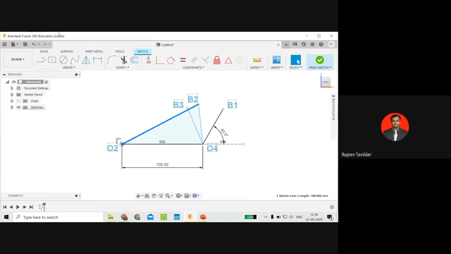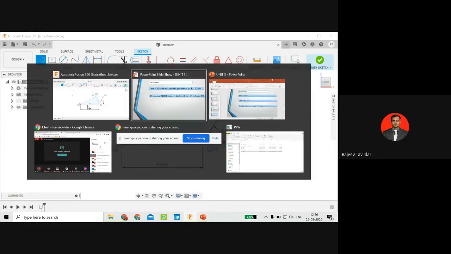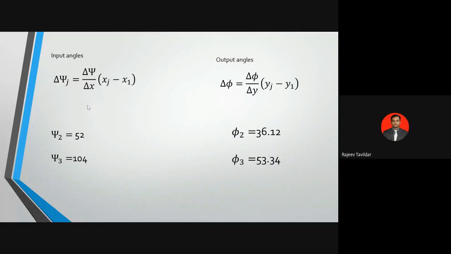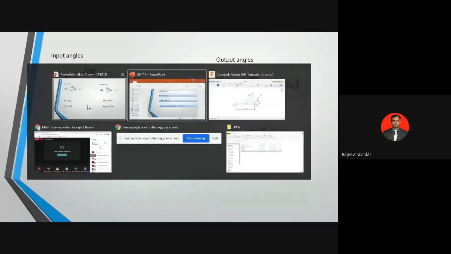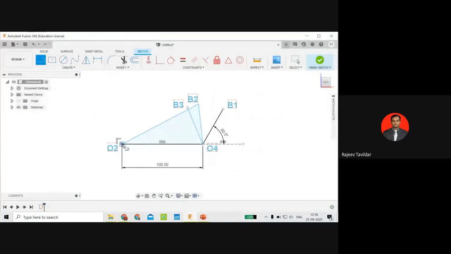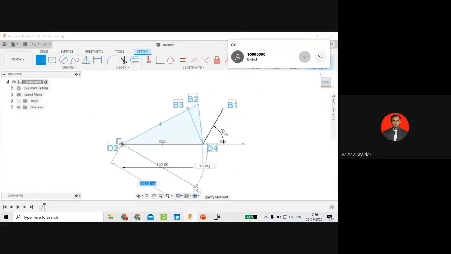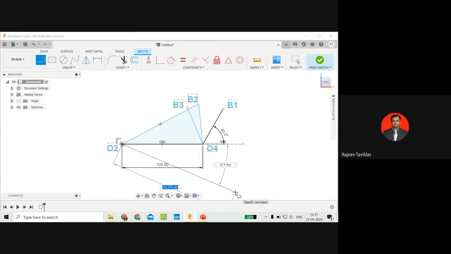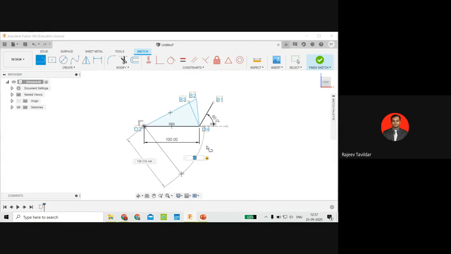I'll show you how it is supposed to look. What is psi 2 here? Psi 2 is 52 degrees. So I'll draw a line. This angle must be 52 degrees from this line to this line.